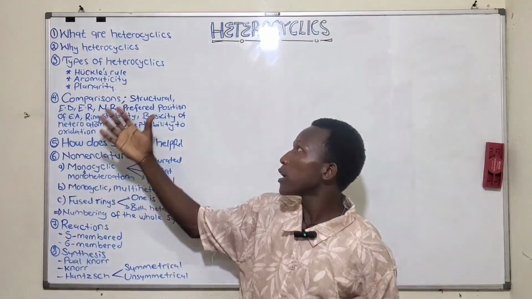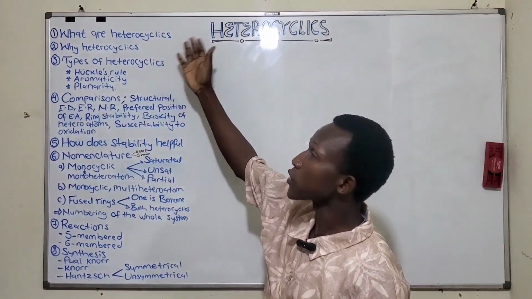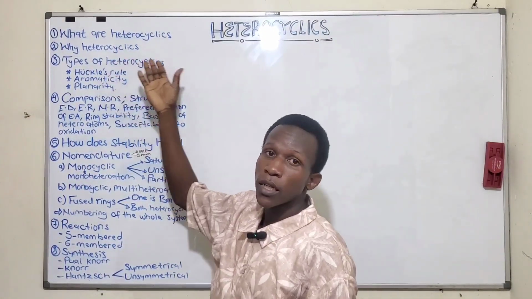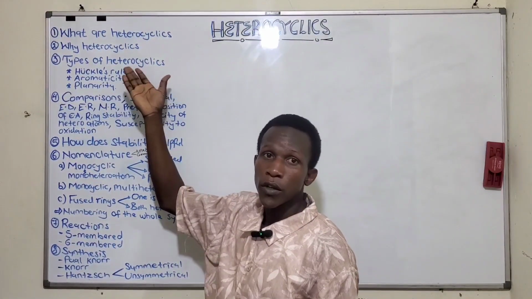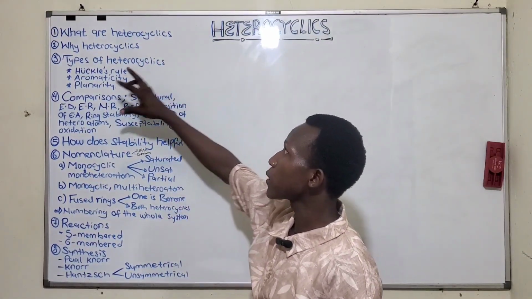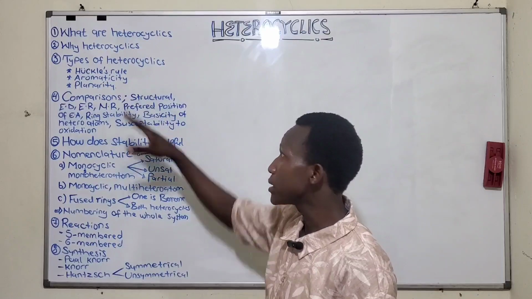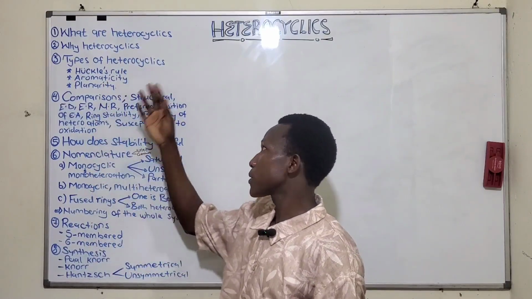Here is what we are going to discuss. We want to know what heterocyclics are, and why we need to study them. Then the types of heterocyclics, where we also talk about Huckel's rule, aromaticity, and planarity.